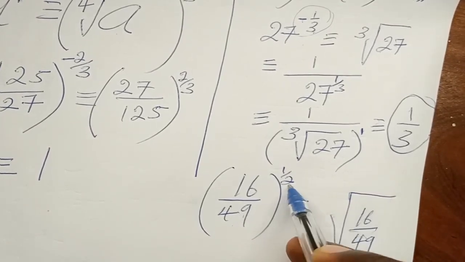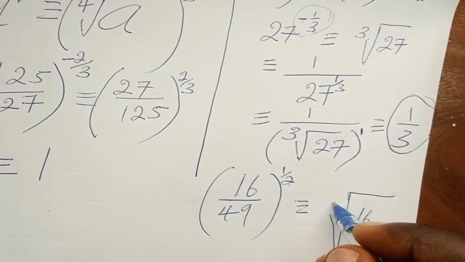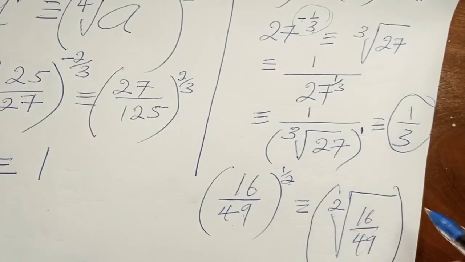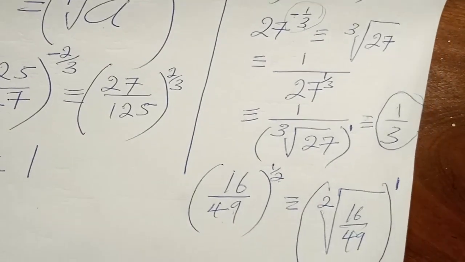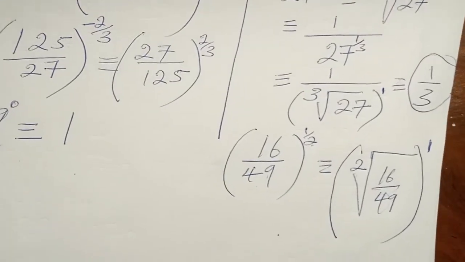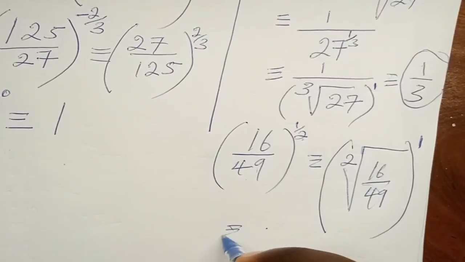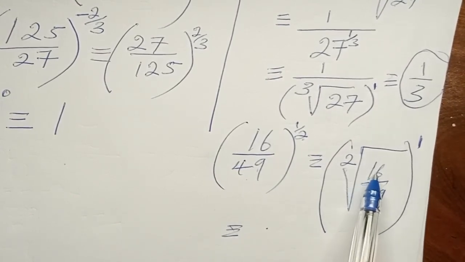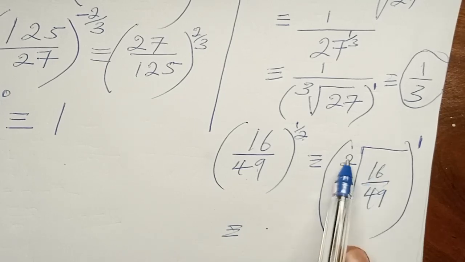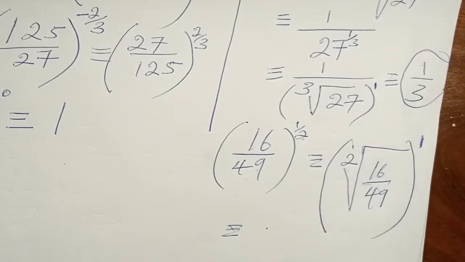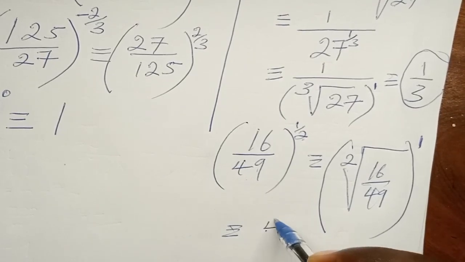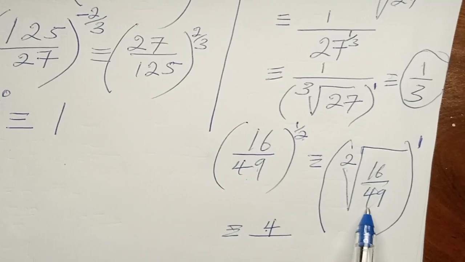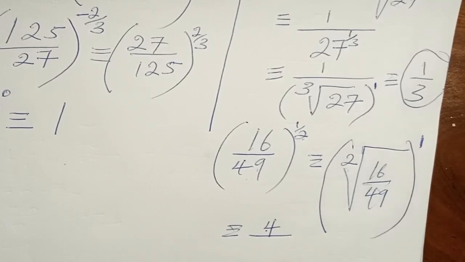To this square root times 1. So of course, this is going to be the same as the square root of 16, which is 4, divided by the square root of 49, which is 7.